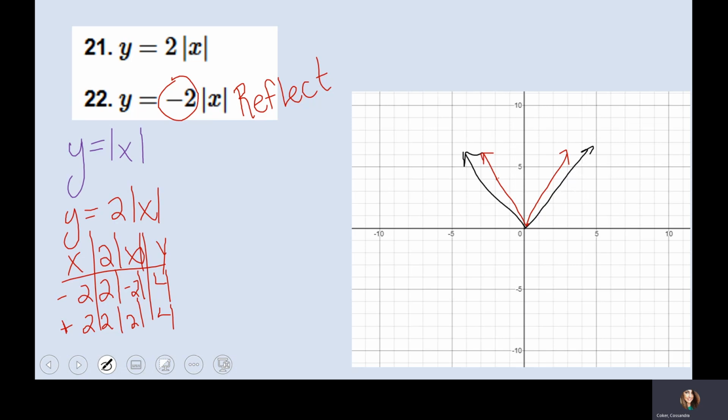So a whole number multiplied outside, you can visually see that it actually vertically stretches your graph. It's going to pull that graph up vertically. And of course, you can use the knowledge that we've already created, the -2x, or the 2 times the absolute value of x, and use the knowledge that it's going to reflect for the negative.